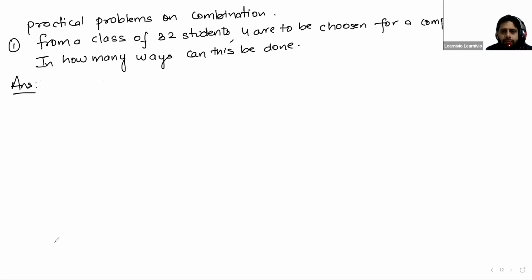First of all, in a word problem, you need to check whether the problem is of combination or permutation. As we have already discussed, permutation means arrangement. Whenever in a question there is arrangement, we will use the permutation formulas, and whenever there is a selection, combination. Here we have 32 students and you need to select 4 students. So this is purely a selection question, which means combination. Total you have 32, from this you need to select 4 students.